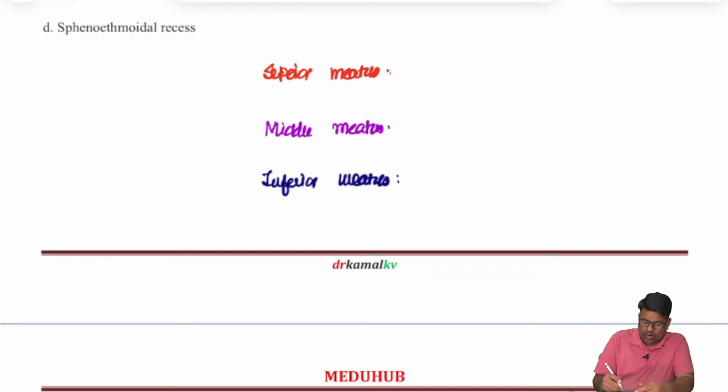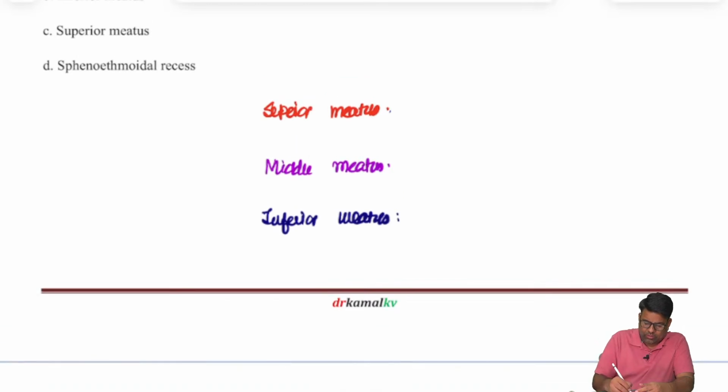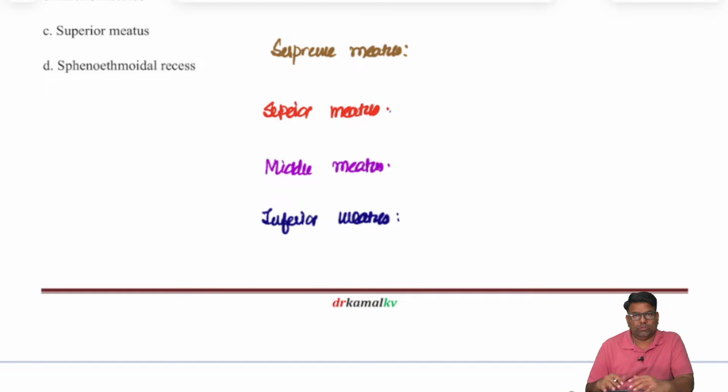And apart from this, you can also write supreme meatus. Okay, these are the 4 meatuses, and students should know what sinus or structures open into these.